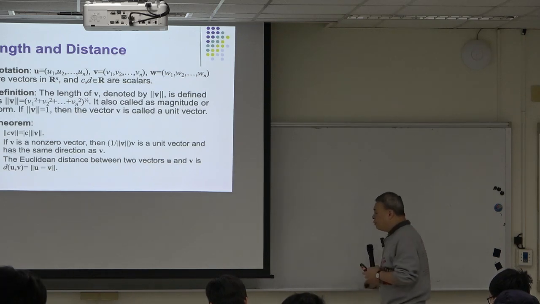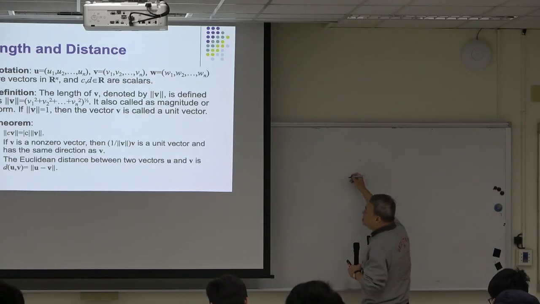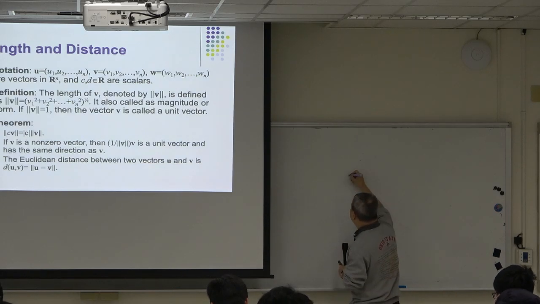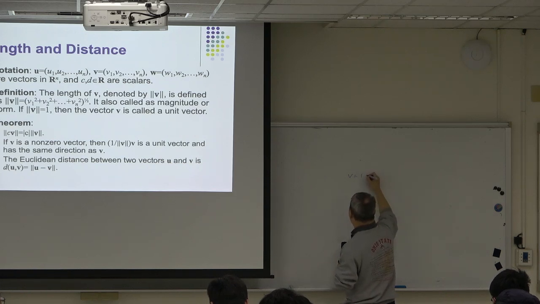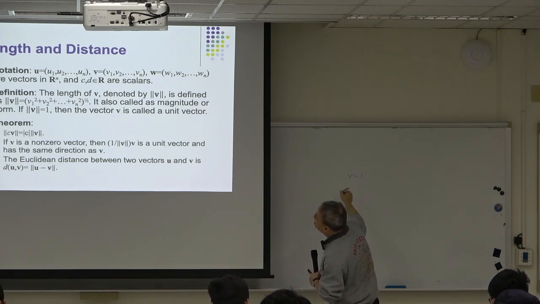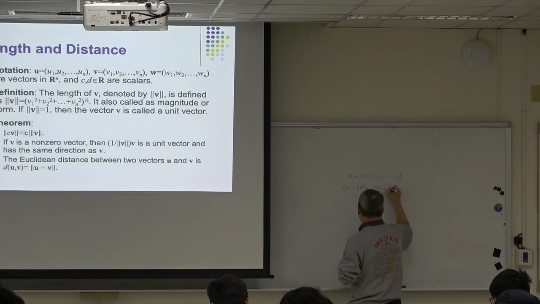So we need to really prove it, right? But the proof is so easy. If V is V1, V2, up to Vn, then CV is going to be CV1, CV2, up to CVn.